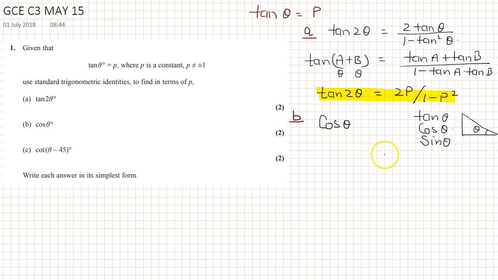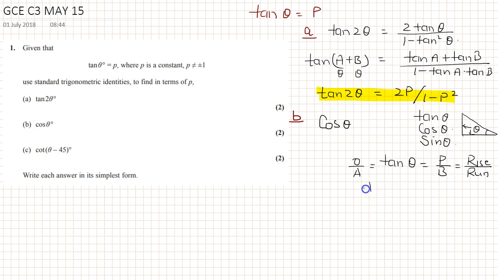You know SOHCAHTOA. So tan theta is equal to either perpendicular over base, or rise over run, or opposite over adjacent. This over this, if this is the theta.